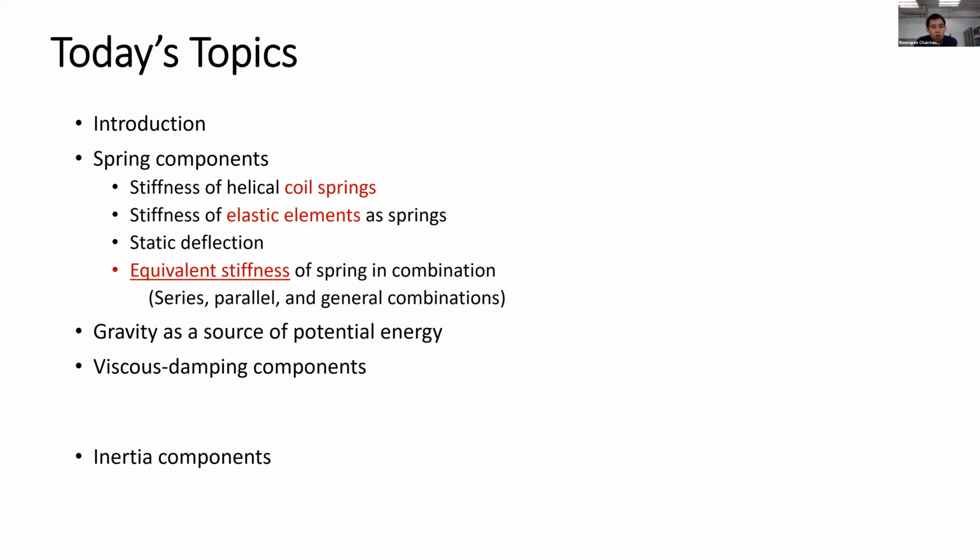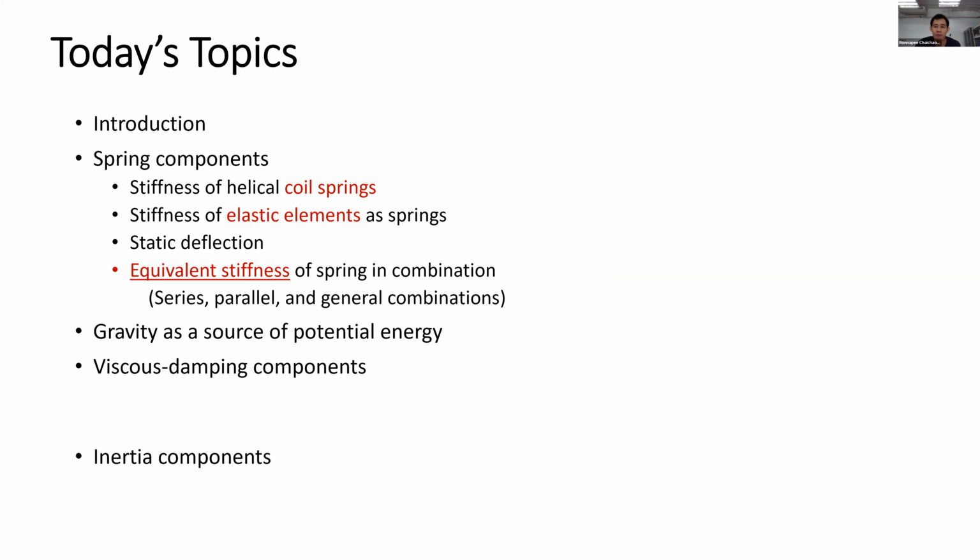For the spring, we may think about the mechanical spring made from spring steel, formed in the shape of a coil spring. Today we will see how we can derive the stiffness of a coil spring from the material property of the spring. And many times we see the spring as an elastic beam.